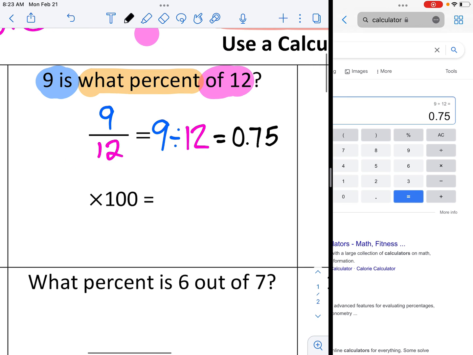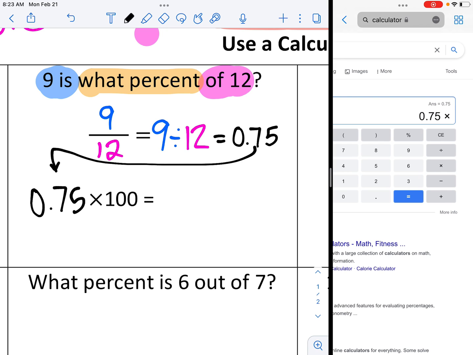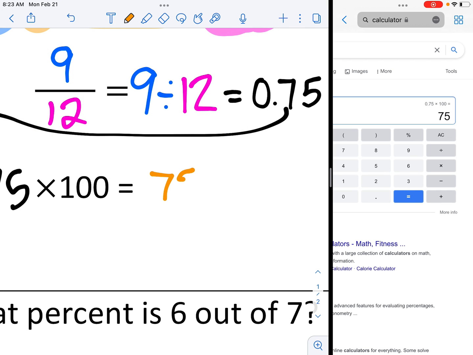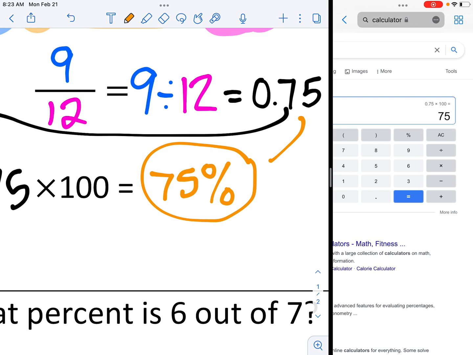Then I'm going to take that decimal and rewrite it down here, 0 and 75 hundredths. And now I need to times that by 100. There we go, 75. And when I get that answer, I can put a percent sign behind. 0.75 is equivalent to 75%. 0 and 75 hundredths without a percent sign.